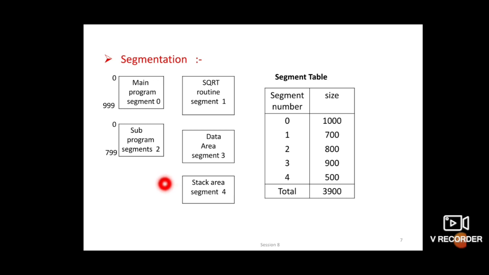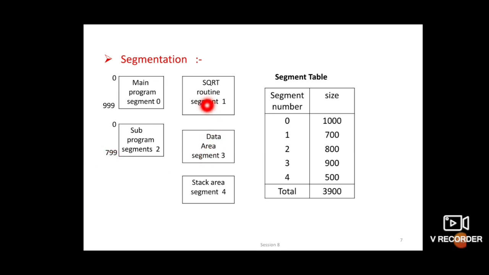Now see this code stored in different segments: a data segment, an area segment and a stack segment. These are all the segments, with different ranges. See here, these are the different ranges. The main program is stored at 0 to 999. The subprogram is stored from 0 to 799.